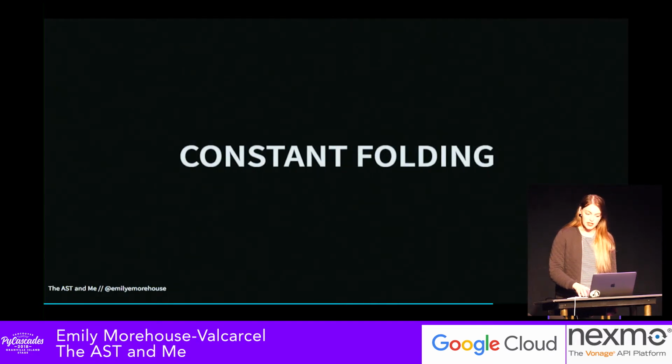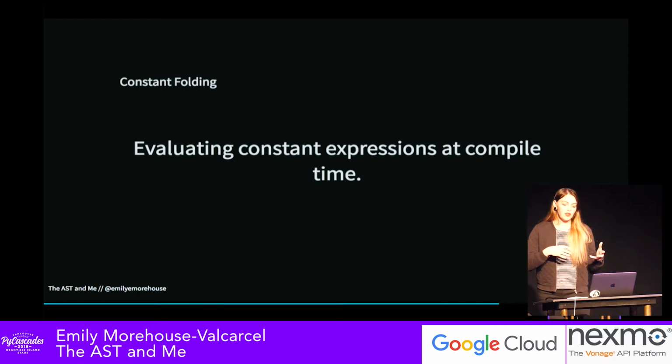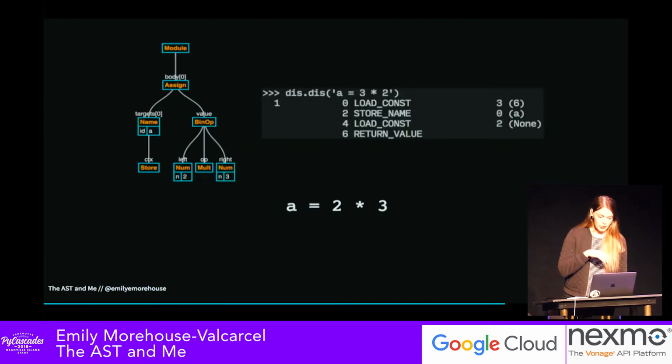The other example is constant folding. Constant folding is the process of recognizing and evaluating constant expressions at compile time rather than computing those things every single time at runtime. If we look at this piece of code, we can see that the tree is somewhat simple, and the disassembled bytecode has about 4 operations.